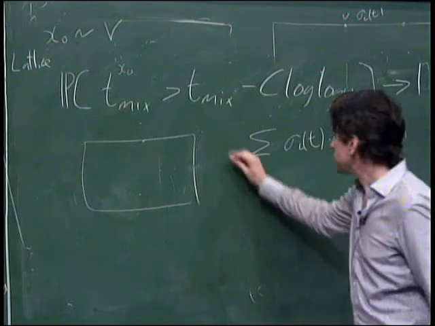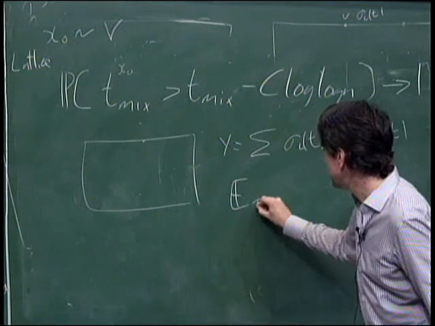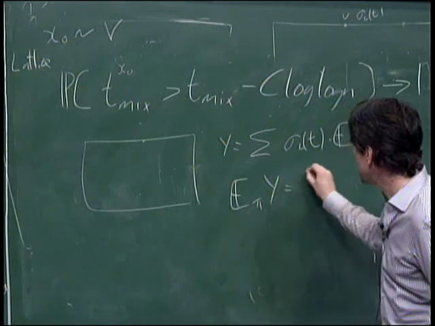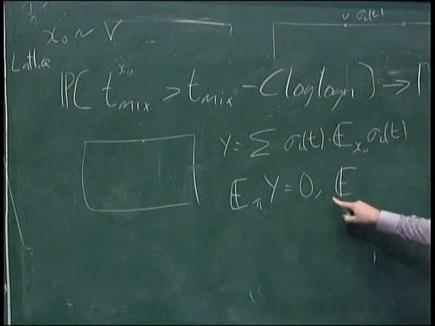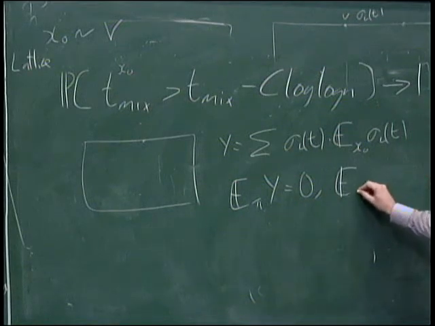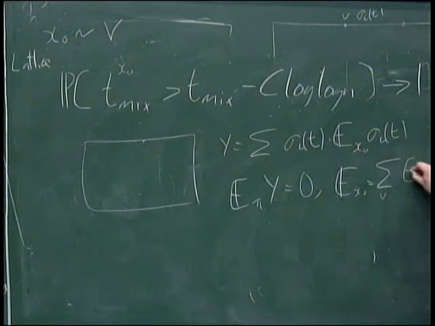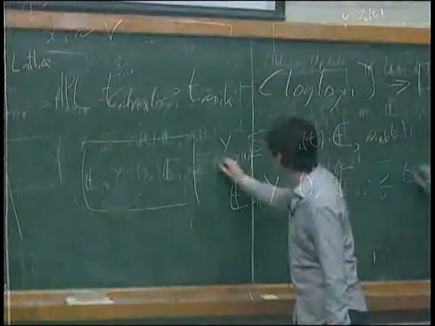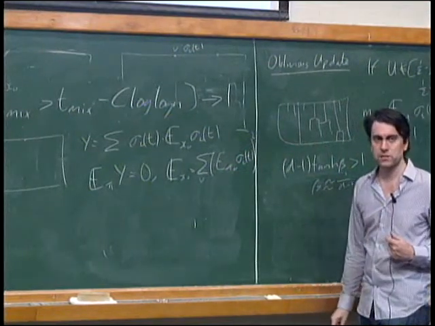And we call this y. Again, the expected value of y starting from the stationary distribution will be 0. The expected value starting from x0 will be the sum over v of x0 sigma vt, the sum of the squares of these magnetizations.